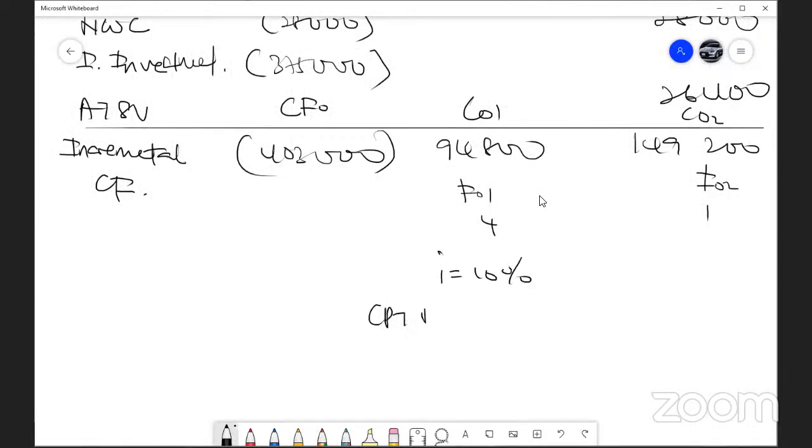Compute NPV. What do you get? Positive or negative?